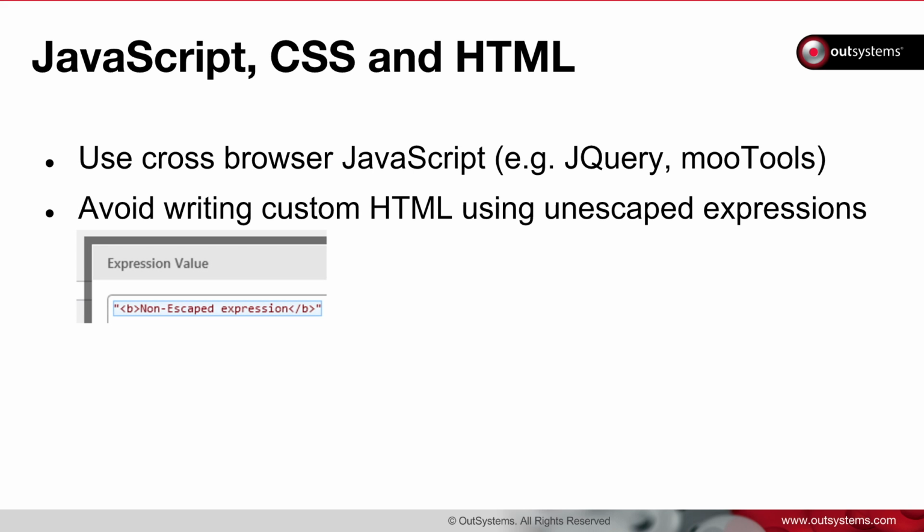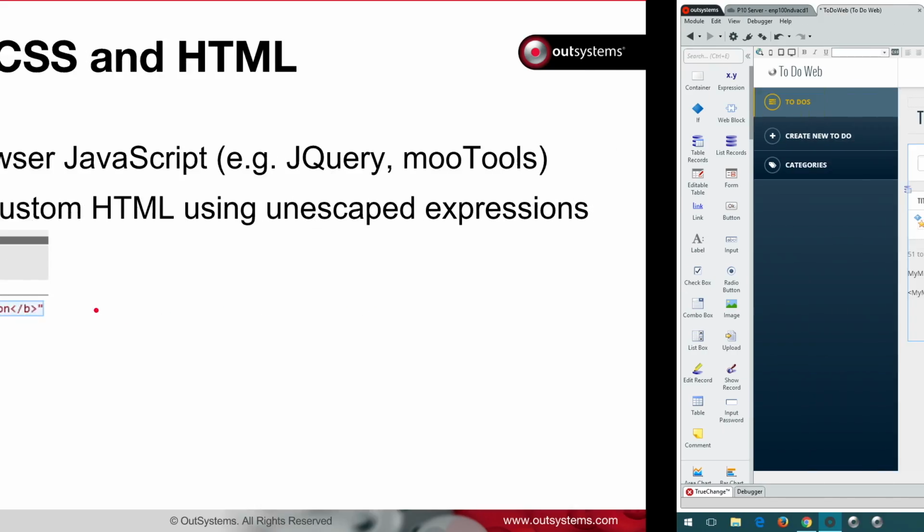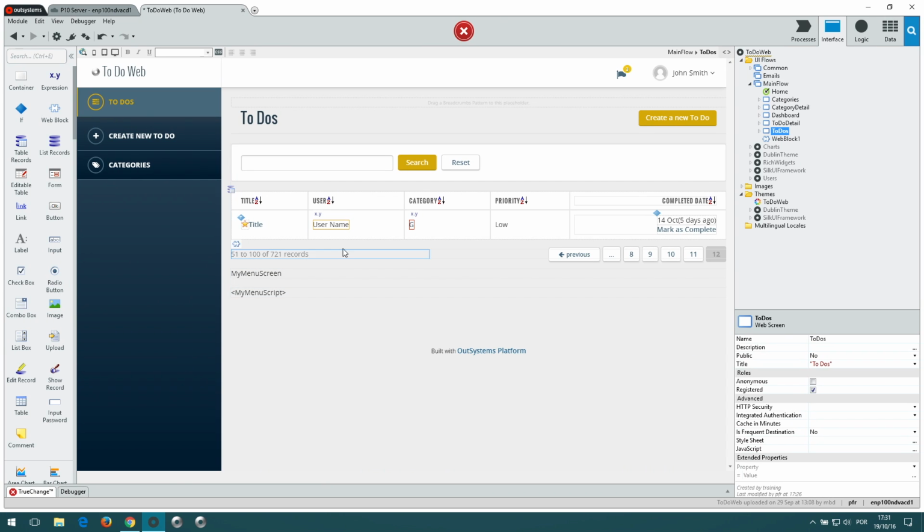Avoid writing custom HTML using unescaped expressions. Now, we just saw unescaped expressions. There are some good uses for them, such as JavaScript. But if you're trying to do something such as making a piece of text look bold, you actually have platform buttons that do that.